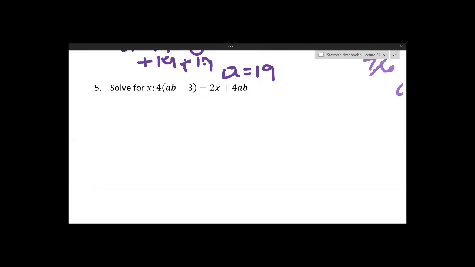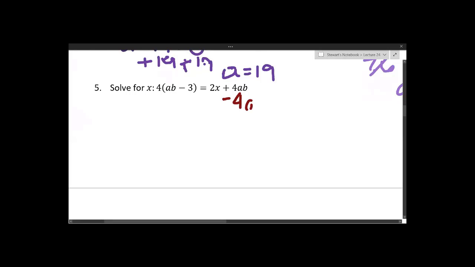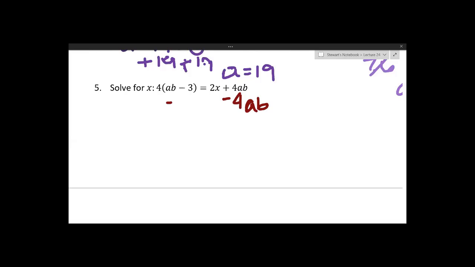Okay, so we see that we only have x on one side. So what I'm going to do first is subtract this 4ab from both sides. So that goes away. So then we're left with 4 times ab minus 3 is equal to 2.